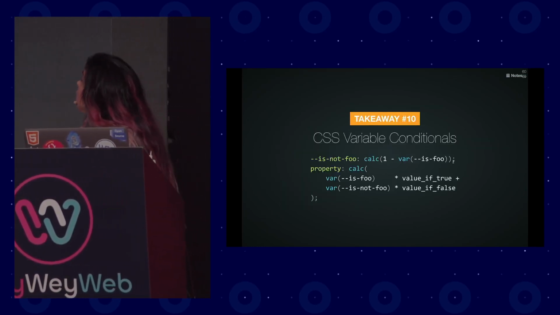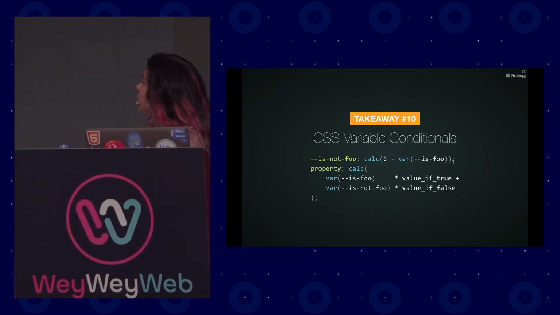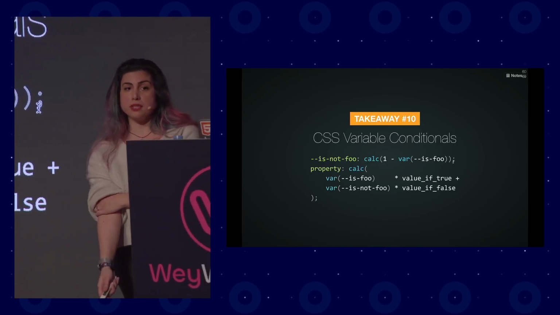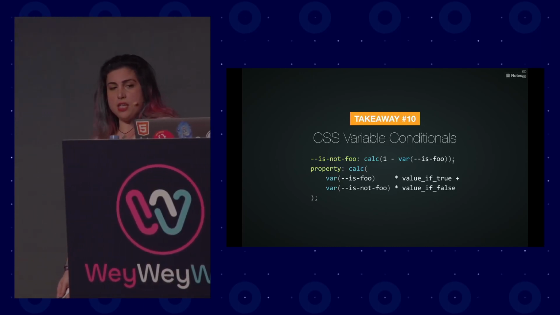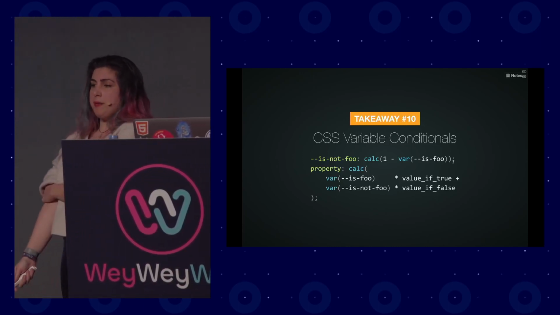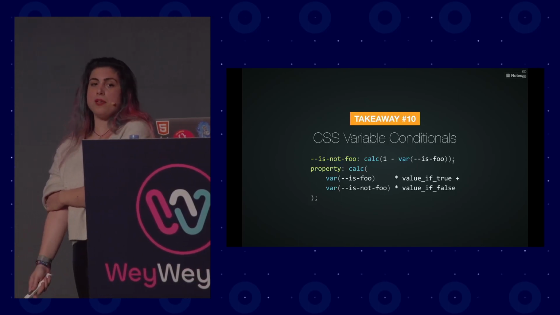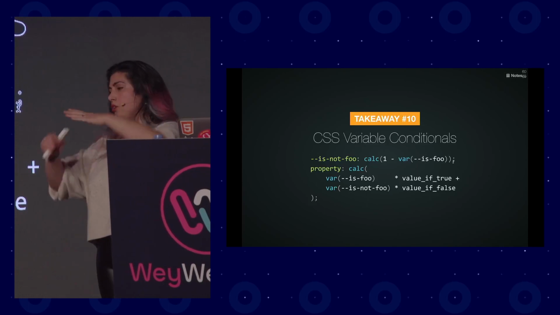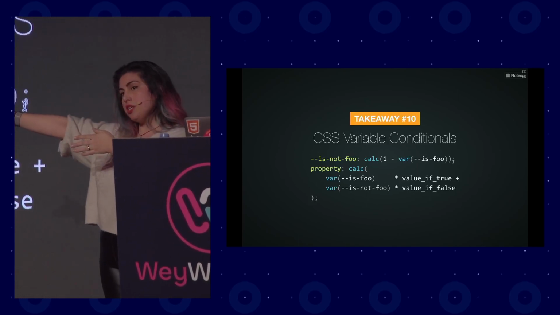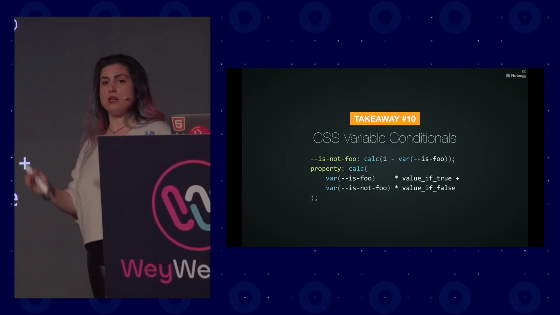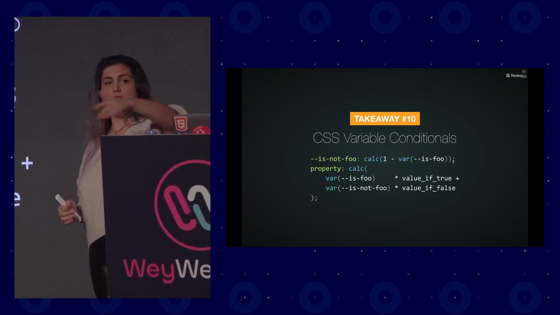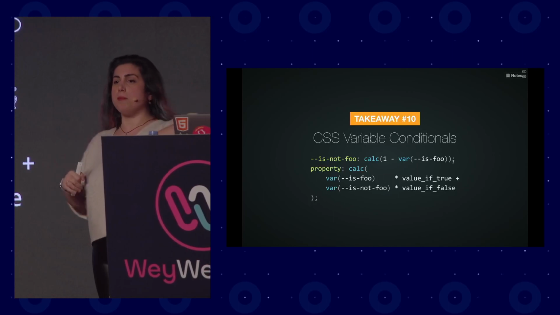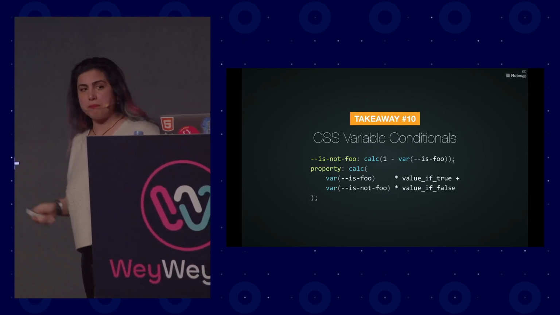And also, this kind of linear mapping technique allows us to have a much nicer, much more readable syntax for conditionals, because essentially, conditionals are a special case of linear mapping. In linear mapping, you want to map, for example, a 0 to 1 range to a different range of numbers, whereas for a conditional, you want to map 0 to a number, and 1 to another number, and you don't actually care what's in between.